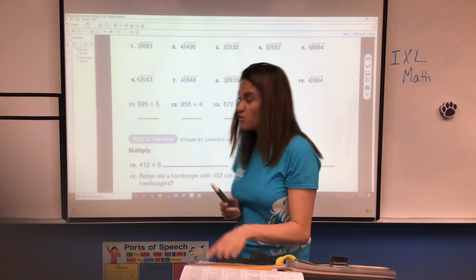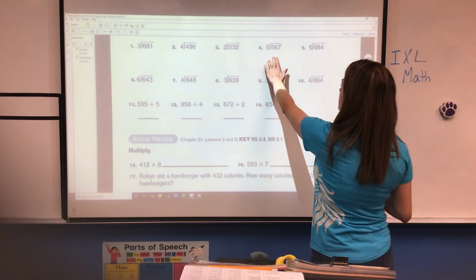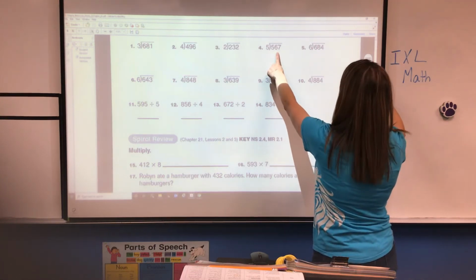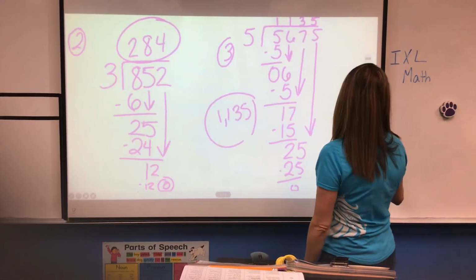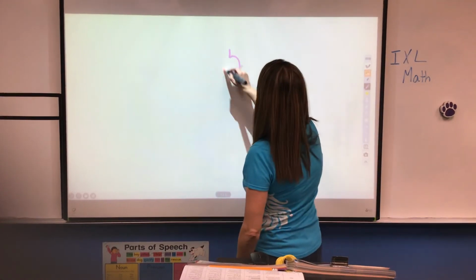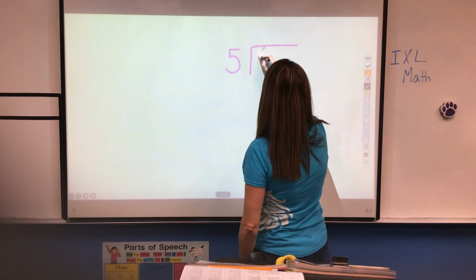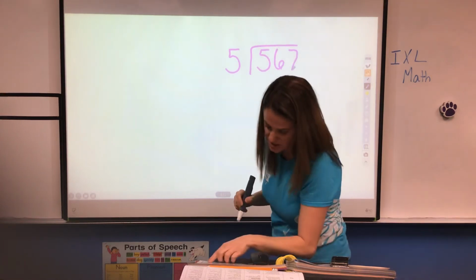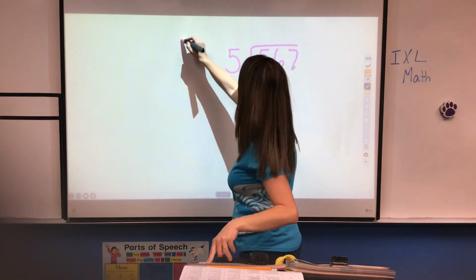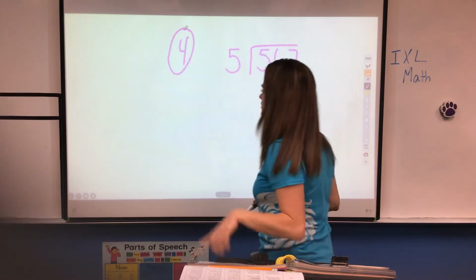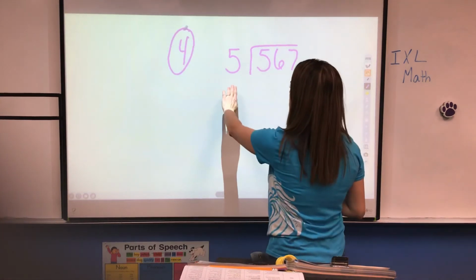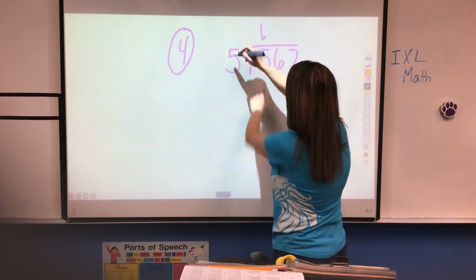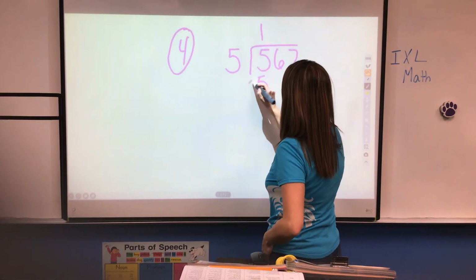So if you look at number 4 on your work, and I'm going to move this onto the whiteboard page, it's 5 divided into 567. This is number 4 on your homework, right? I just want to show you this problem again because there's a remainder on it. So 5 gets divided into 5 one time. 1 times 5 is 5.